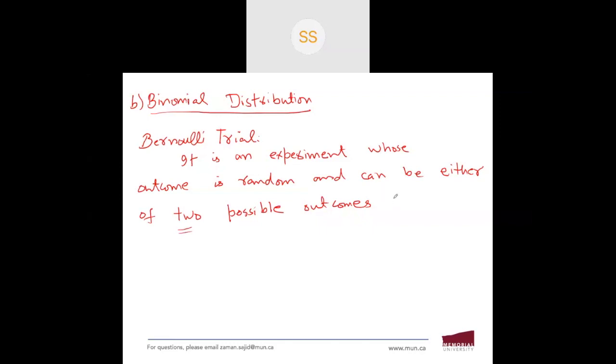Now, as an example, it could be the failure, and the other could be the success. Failure and success. Okay, it could be good or bad, two outcomes only, or it could be the occurrence and the non-occurrence.